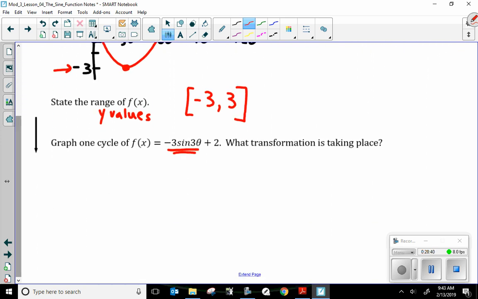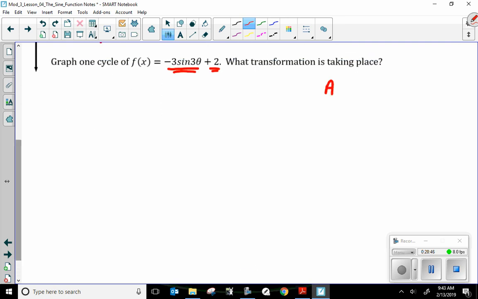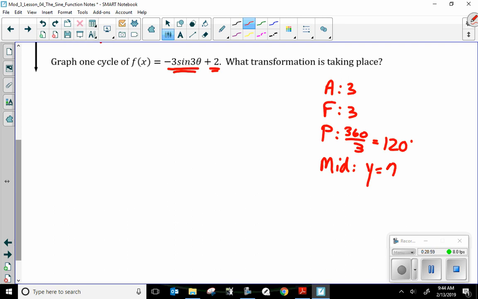It's exactly the same thing, except the midline is +2. Okay? So my amplitude is still 3. My frequency is still 3. My period, I still take 360 and divide it by 3, which is 120. Boom. My midline is now y equals 2.